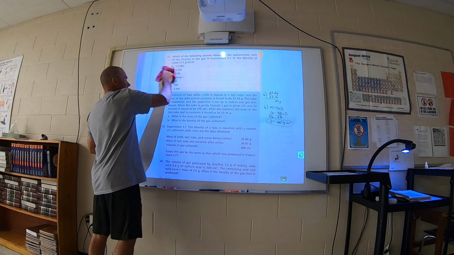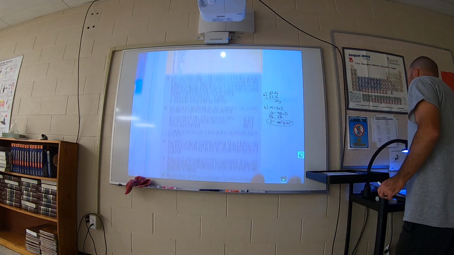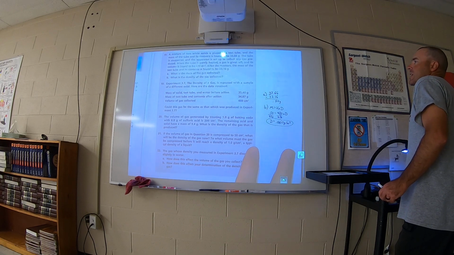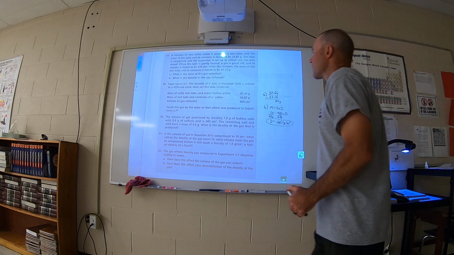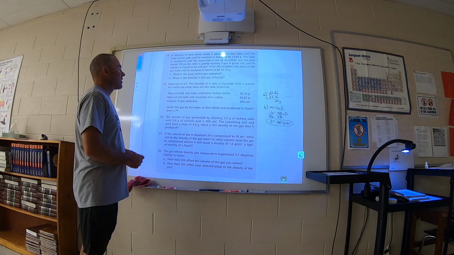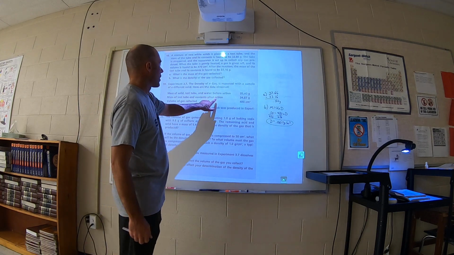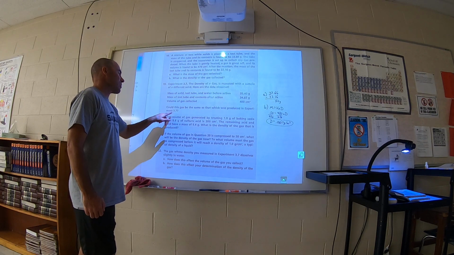So I'm going to erase 17 so I can move this up a little bit. Number 19 says experiment 3.7, the density of a gas is repeated with the same or with a sample of a different solid. Here are the data obtained. So they've got the mass before, the mass after, and the volume. Could this gas be the same as that which was produced in experiment 3.7?